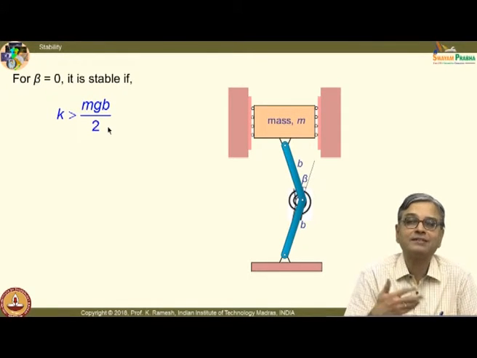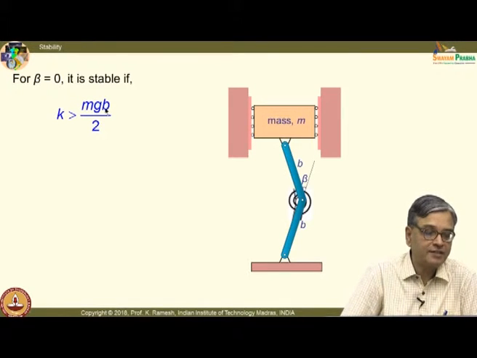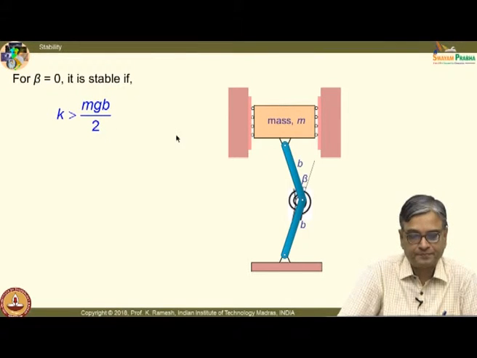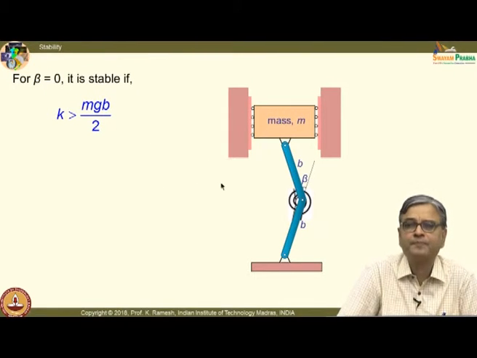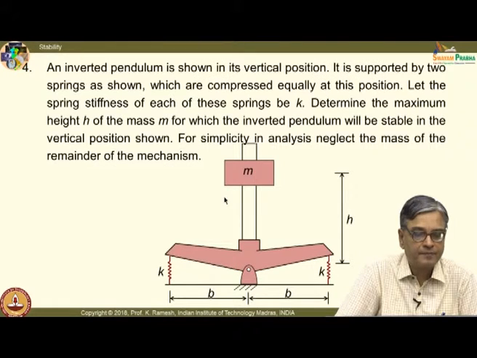We would like to have this as positive for stability. So, I have to get the stiffness greater than mgb divided by 2. A very interesting problem. So, I have k minimum given as mgb divided by 2. And then we move on to another problem.